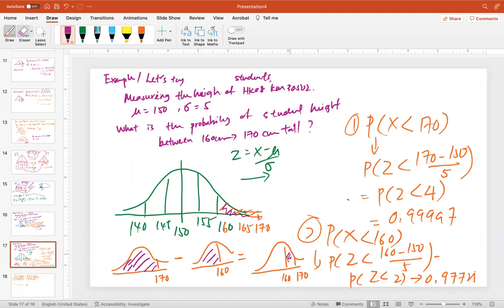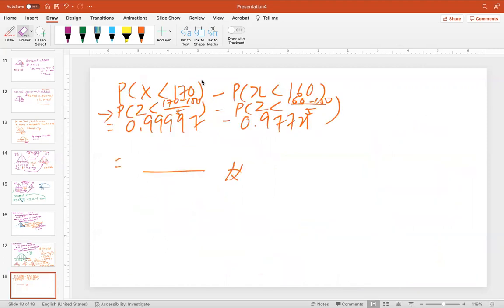So first I find x smaller than 170 and convert it into the z-score. Next, I convert 160 into the z-score as well. After that, I subtract, like I mentioned, and that is the answer.